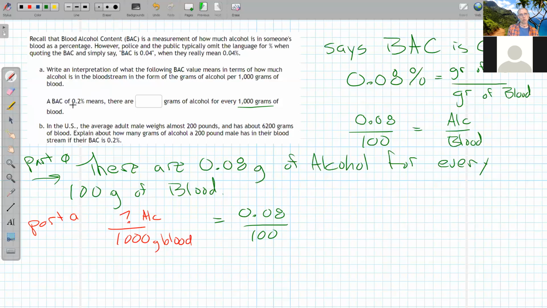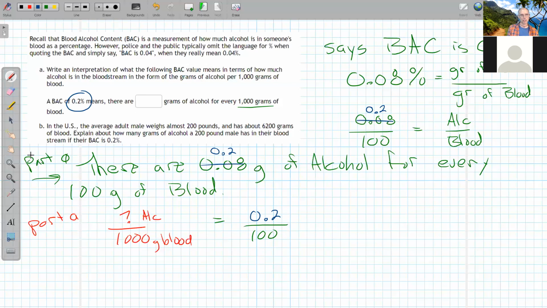They had a BAC of 0.2. So I'm just going to rewrite this to be the 0.2. Right here, 0.2 over 100 is the 0.2%.